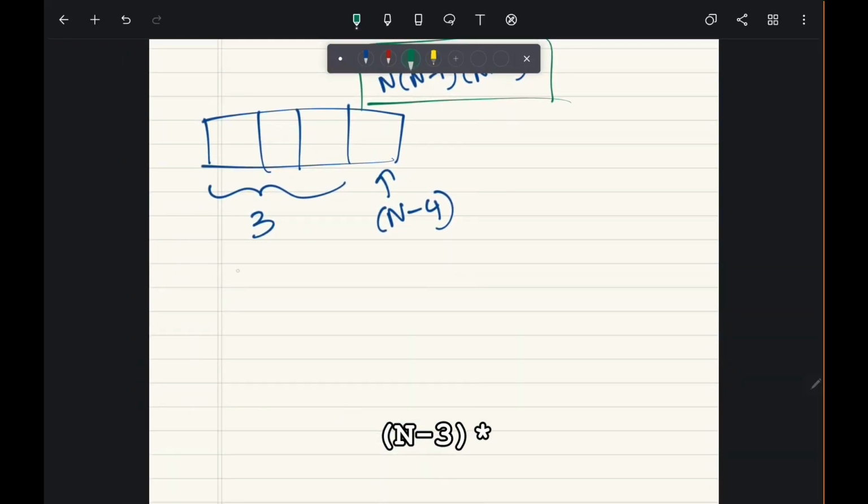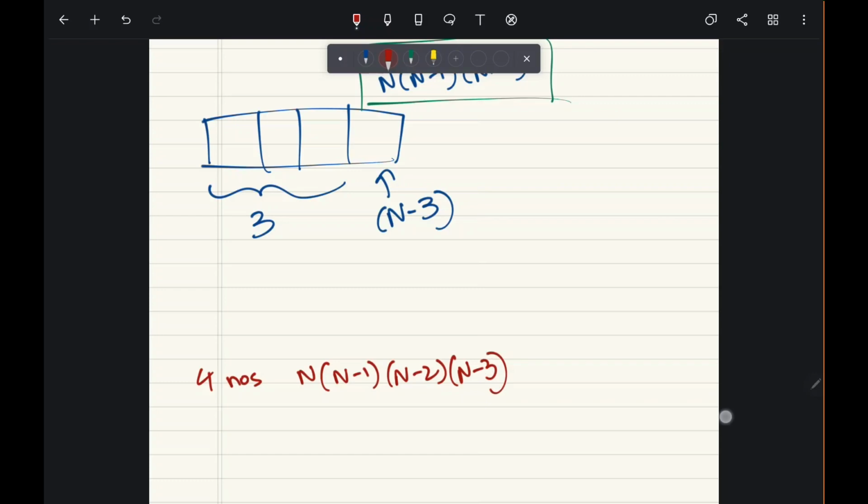So for four numbers, let's actually make a list of that. For four numbers it is going to be n into n minus 1 into n minus 2. I actually made a mistake here. This is going to be n minus 3, because I chose three numbers in the first ones, and then that leaves me with n minus 3. So this is going to be n minus 3 here.